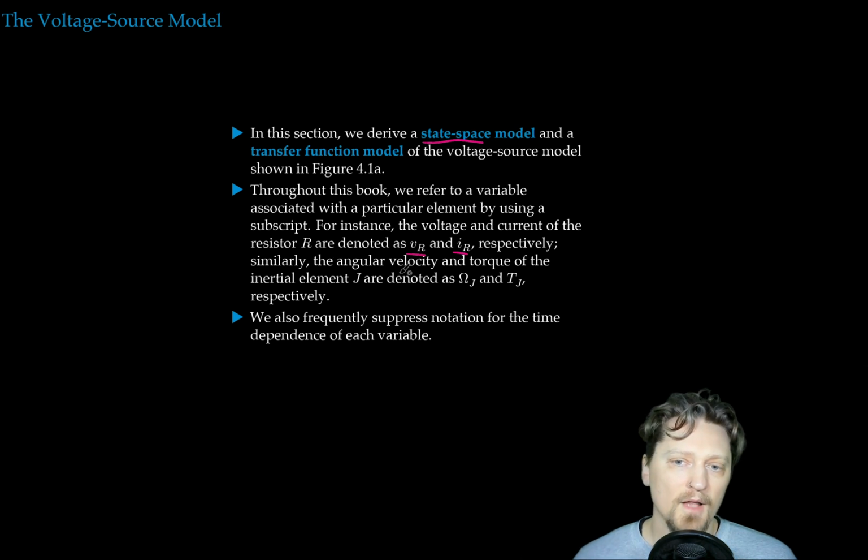Similarly, the angular velocity and torque of the inertial element J are denoted as omega sub J and T sub J respectively. We also frequently suppress notation for the time dependence of each variable, so we'll often write omega J and leave off the fact that it's a function of time.